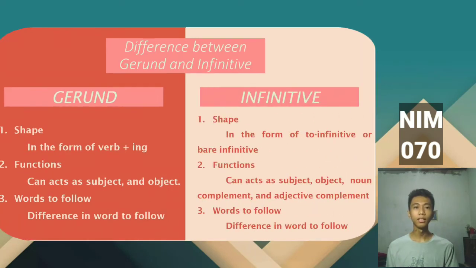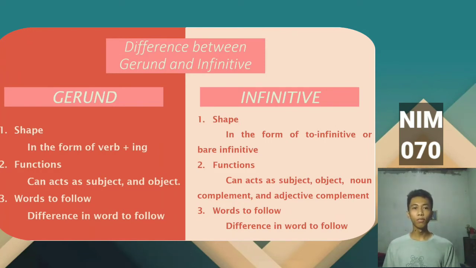Gerund is in the form of verb plus ing, and infinitive is in either to infinitive or bare infinitive. For example, swim. If swim is a gerund, it will be swimming. And if swim is an infinitive, it will be either to swim or swim without s.